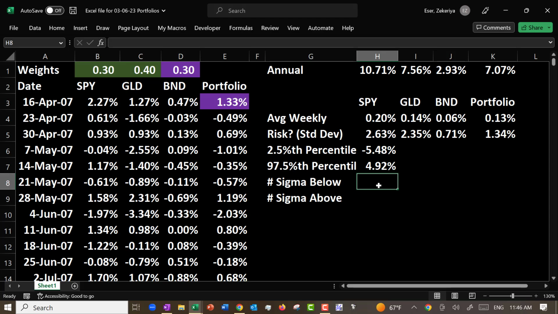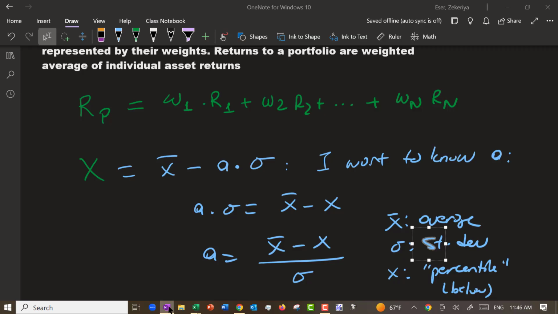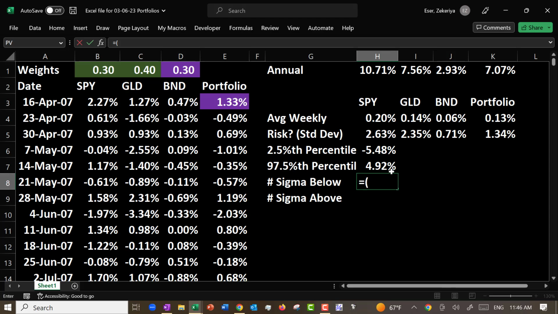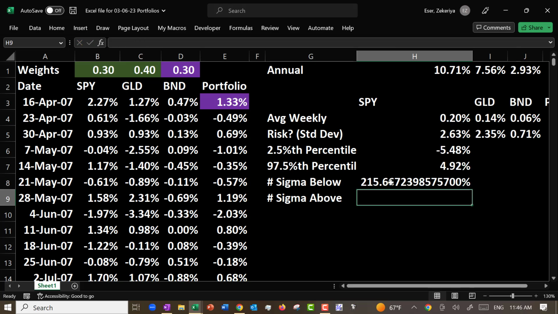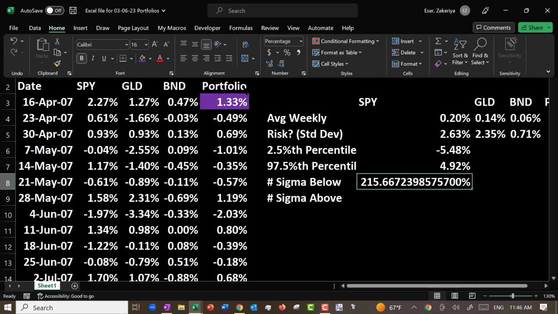Going back to our formula, x bar is the mean minus the percentile I have divided by the standard deviation. So that's 2.16 standard deviations, okay? If it was normally distributed, that should have been 2.